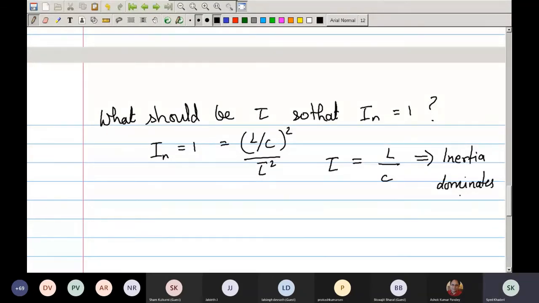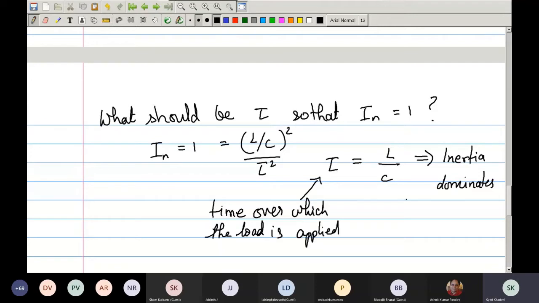Okay, so this is something which we have to always remember. Whenever you are, what is tau? Tau is the time period over which the load is applied. And who is this fellow?